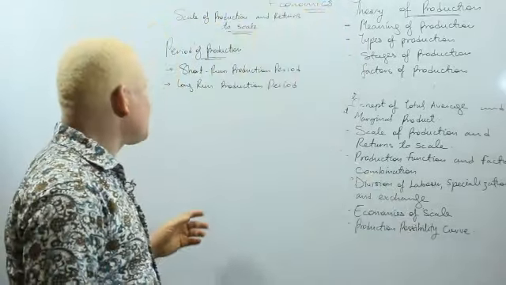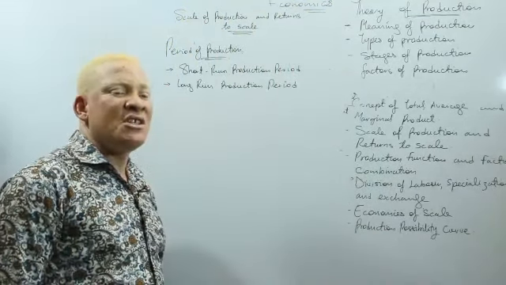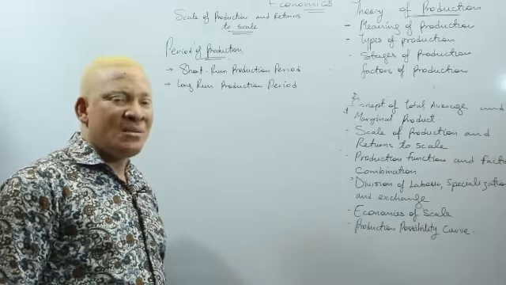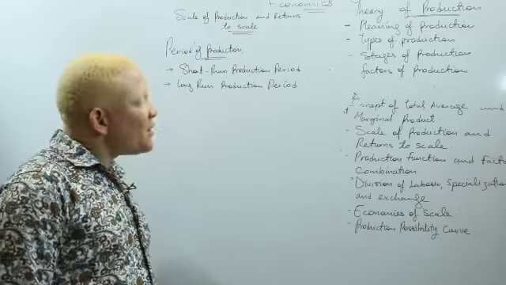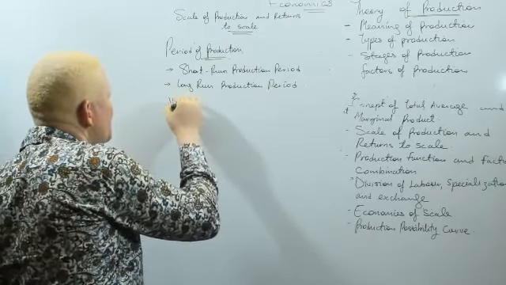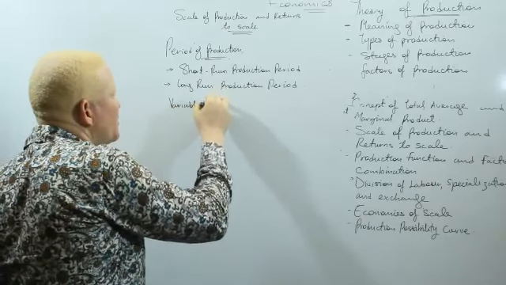Now, when that input is varied, it means that the reason for change in output is just because of that varying proportion in the input. So now, that leads us to what we call variable proportions.